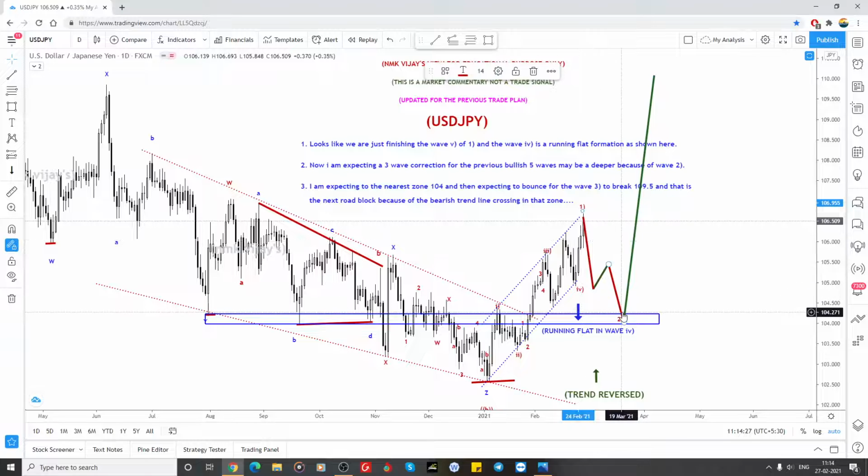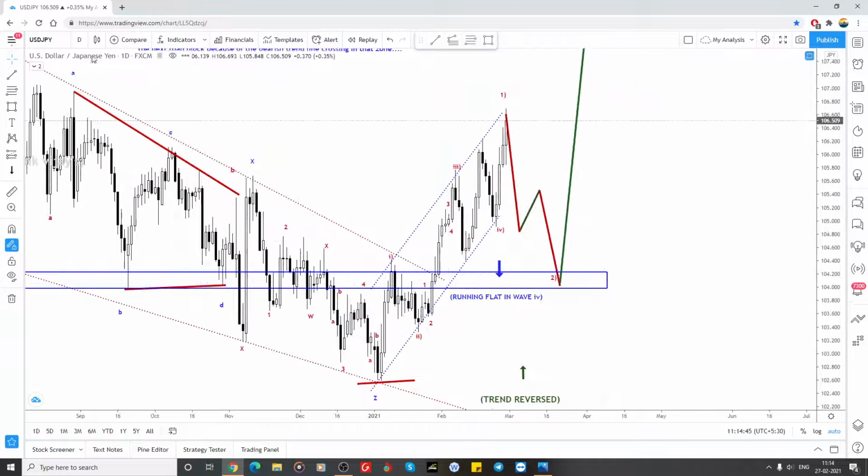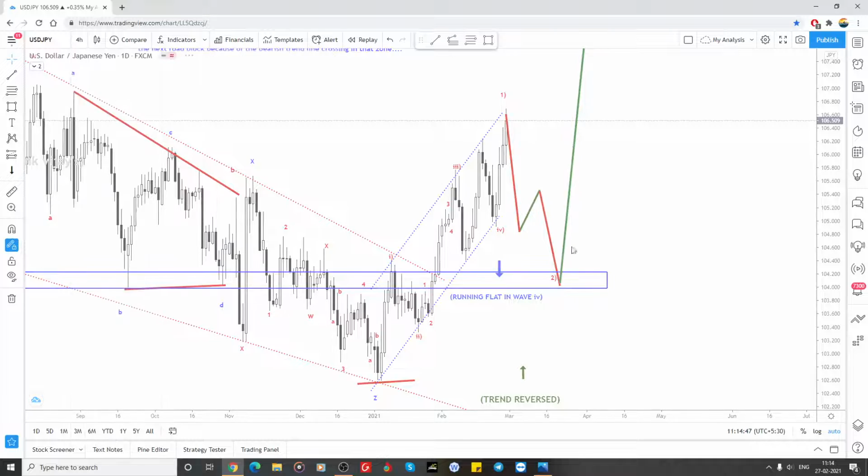After that, I am expecting that 2 to 104 or 104.3, or if it is a 50% retracement for this, 104.62, and if it is 61%, 104.1. So within this zone I am expecting, but it's a question mark, right?